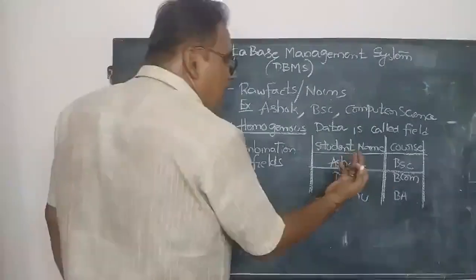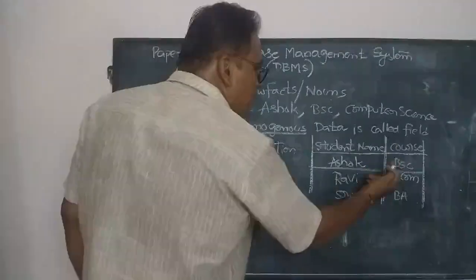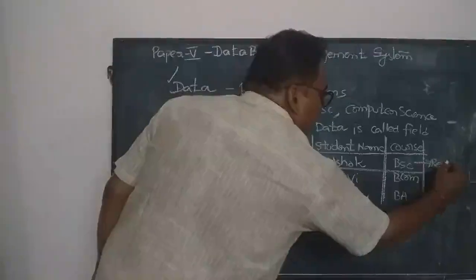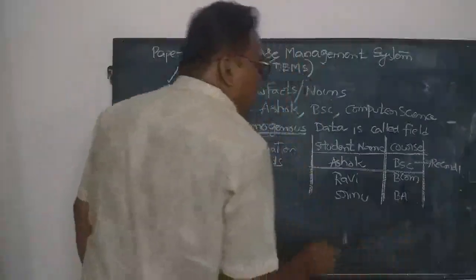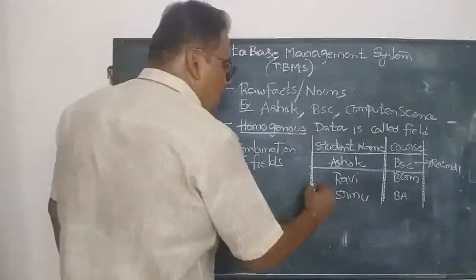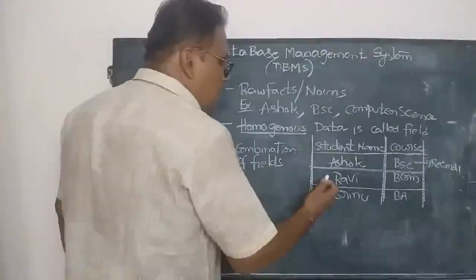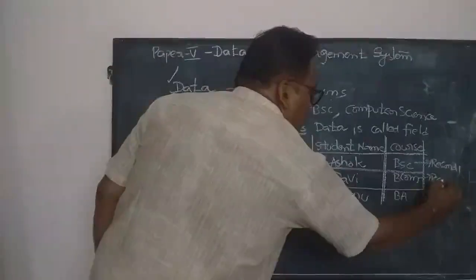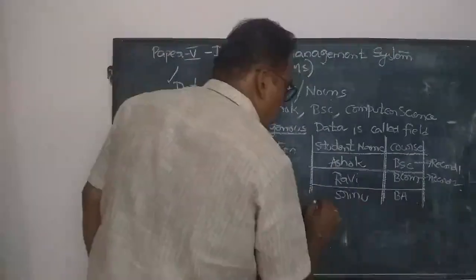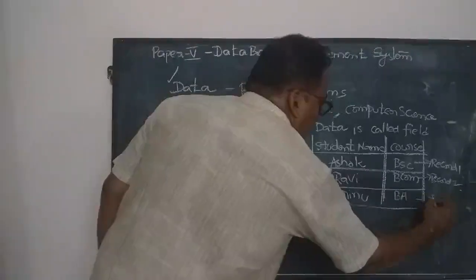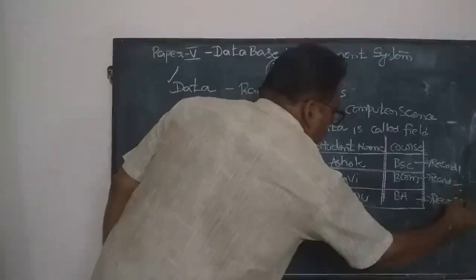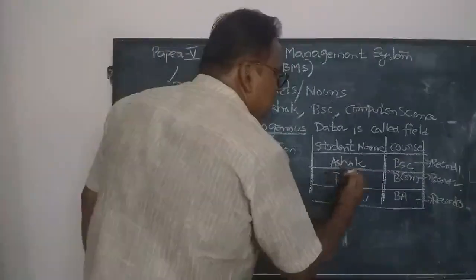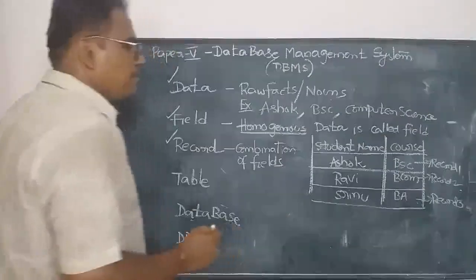Here I combined two fields, that is Ashok and BSc. This is called a record. Record 1. And next, Ravi, BCom. This is also one record. Shrinu is another record. Here, combination of fields is called records.